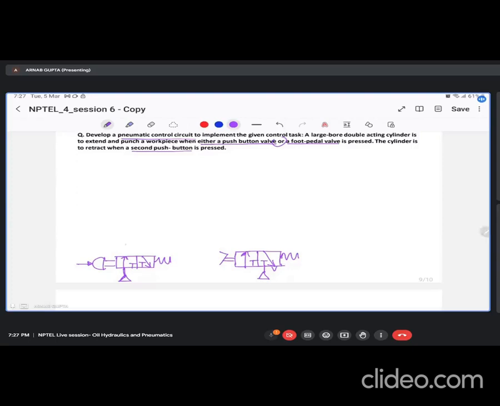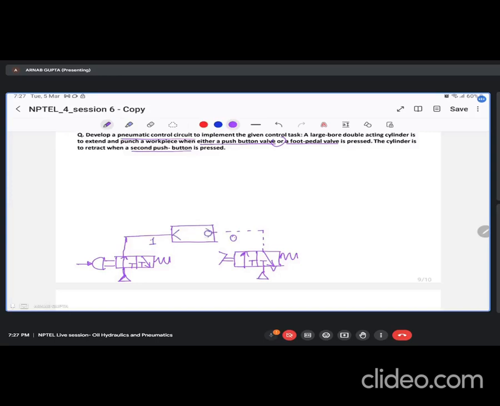From here flow will come, and from here there will be no flow. Now you should be using a type of valve that will allow the flow if any one of these is 1. So it is an OR type of valve.